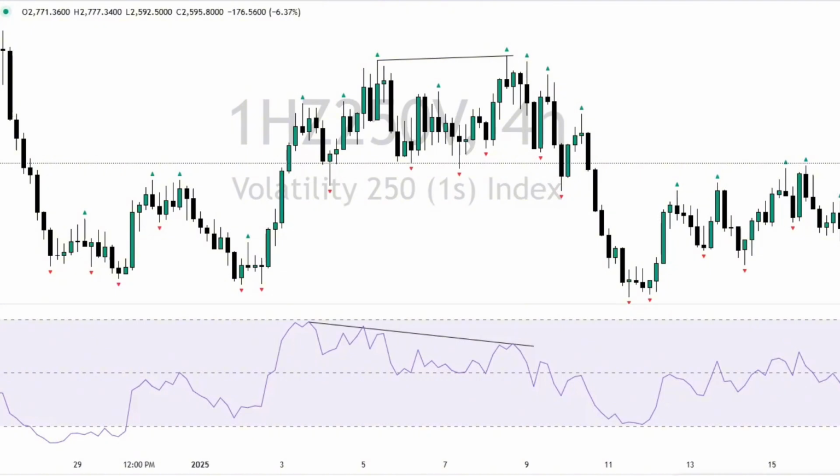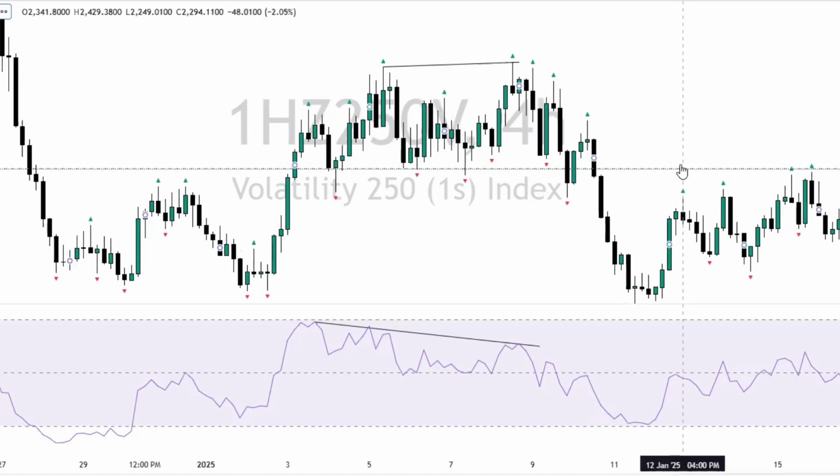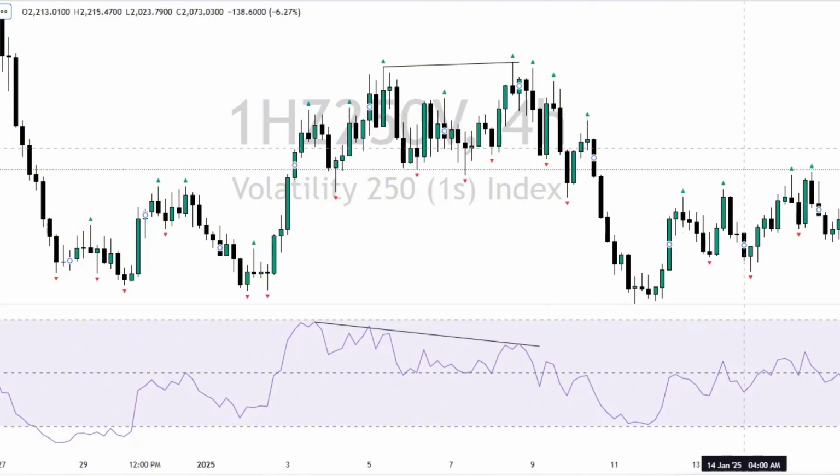Especially if you're just starting out and you do not really recognize what your trend currently is, the moving average is going to help you in identifying those trends that you currently have.